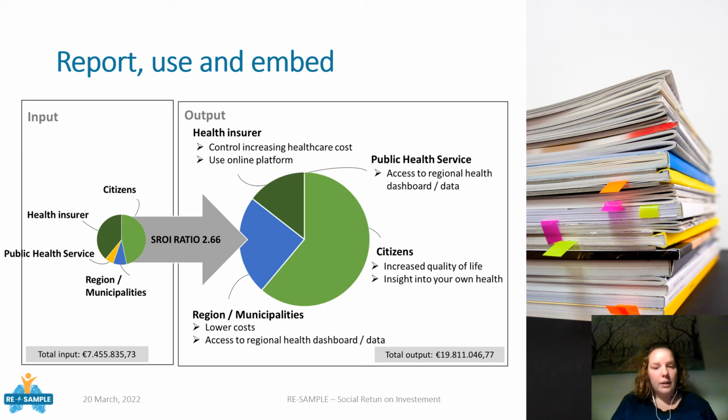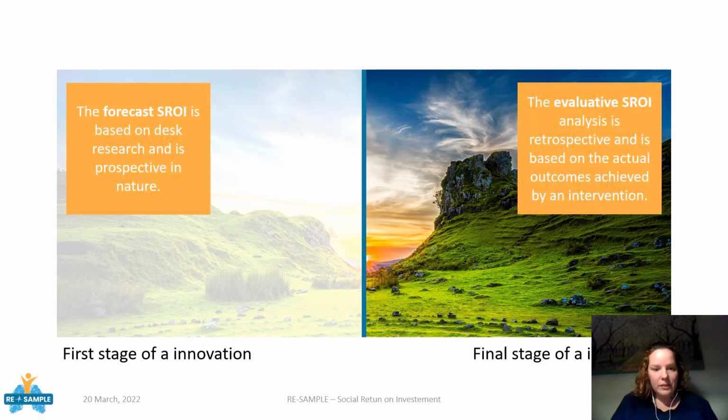So we give a very simple figure with the main input and the main output per stakeholder. And for instance, in this example, the SROI ratio is 2.66. It gives every stakeholder a very good view of what the main value drivers are for him or her. So that was, in a nutshell, the SROI method.